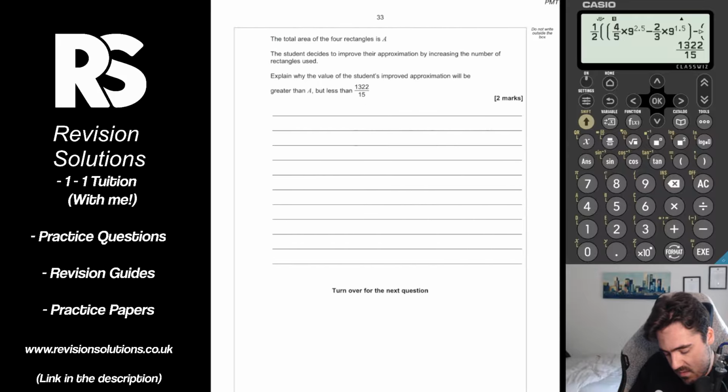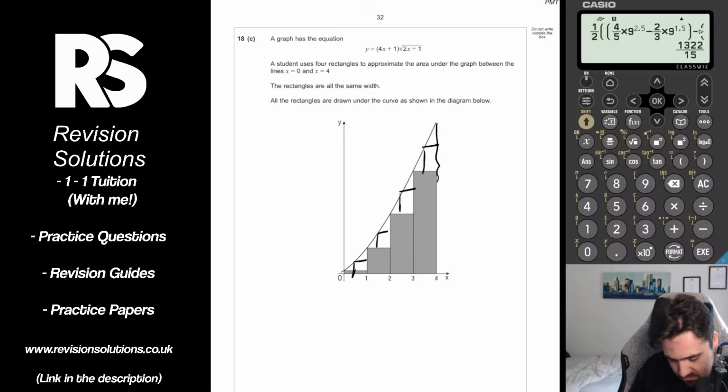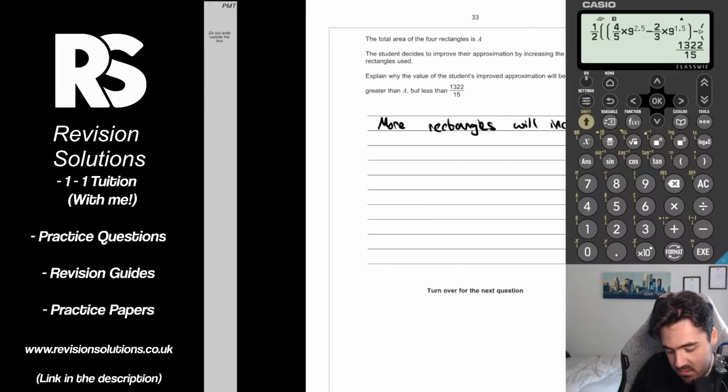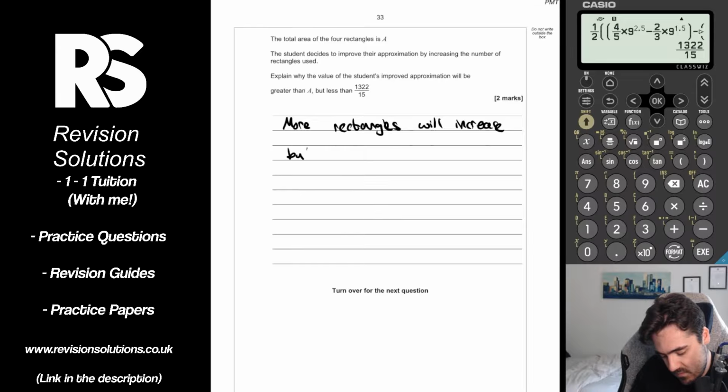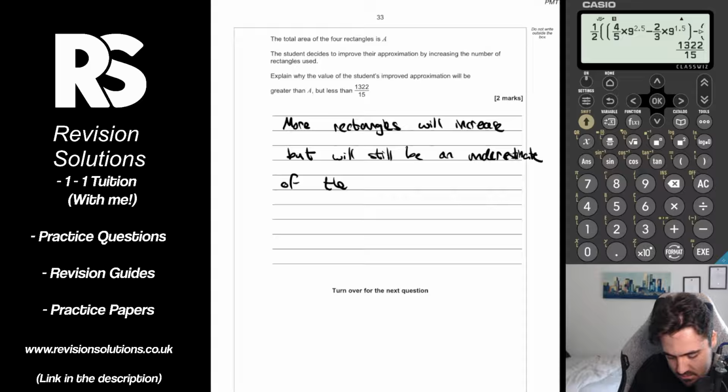So more rectangles will increase A. But if we add more rectangles in the way he's drawing them here, it's still going to be an underestimate, but will still be an underestimate of the exact value, or the exact 1322 over 15 value.